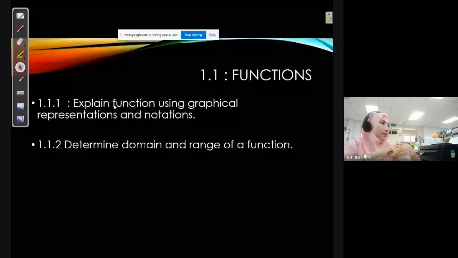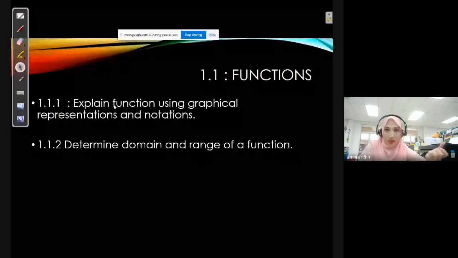Okay, determine the domain and range of a function. So, yang ini kamu dapat kenal pasti apa maksud domain, and then you boleh tulis the range of a function bila dia bagi kamu satu fungsi. So kamu tahu kan kalau range tu maksudnya kita dapat buat dalam contohnya x kurang daripada 3 dan lebih besar daripada 4. Itu kita panggil sebagai range.